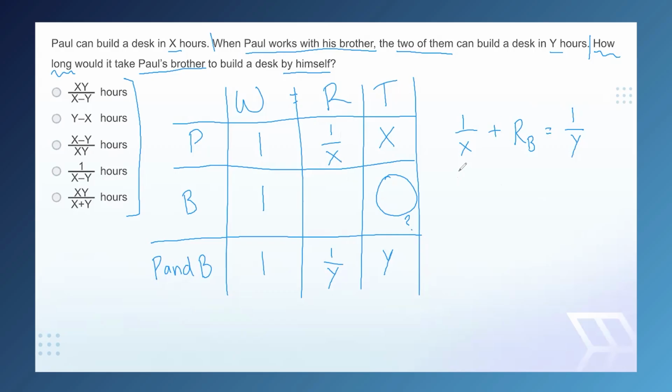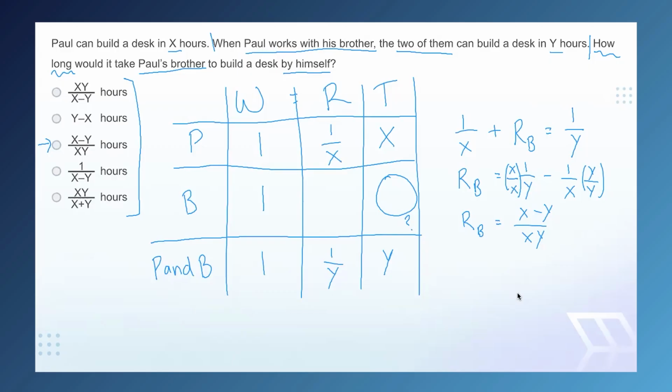Okay, manipulating that a bit, we're going to have rate of B, or of the brother, equals 1 over Y minus 1 over X. All right, finding a common denominator, we're going to multiply this fraction by X over X, multiply this fraction by Y over Y, and that is going to give us that the rate of the brother is (X minus Y) over XY. And hey, that's answer choice C.